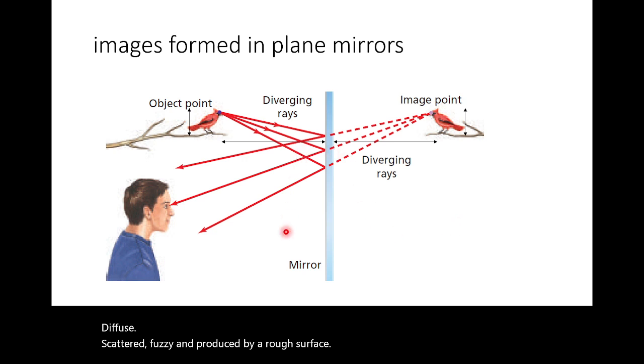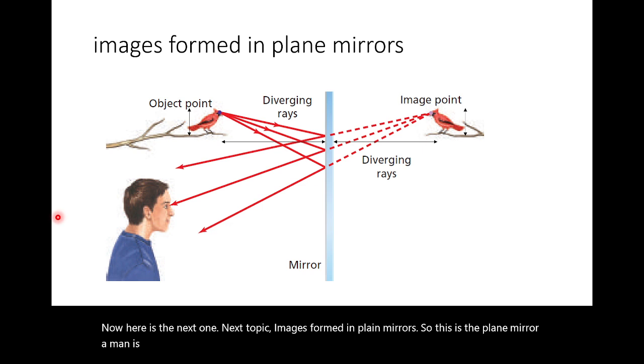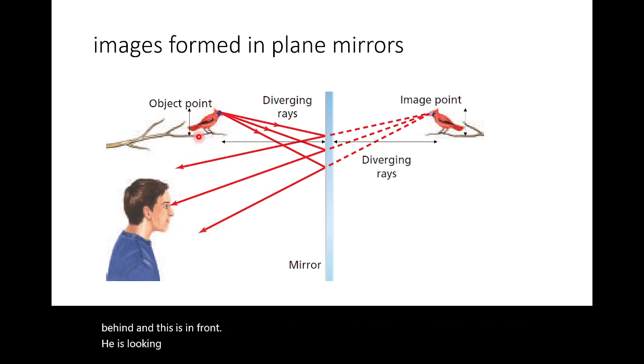Now here is the next topic, images formed in plane mirrors. So this is the plane mirror. A man is standing, sorry, not behind, in front of the mirror. This is behind and this is in front. He is looking at the image of this bird inside the mirror. You can see this bird, we call it object. The image of the bird is image, and you can see how the image is formed.